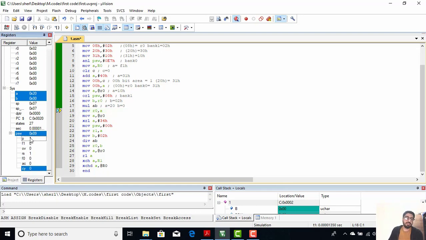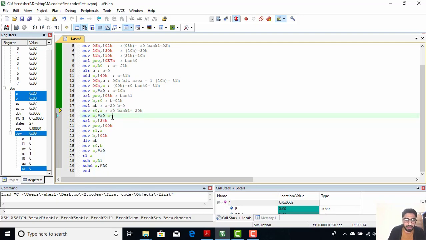Since we have an odd number of 1s in the accumulator, the parity is 1. And now we are moving the value of A to R0. So don't forget we are in bank 1, sorry. So the same value as A is 20 hex.